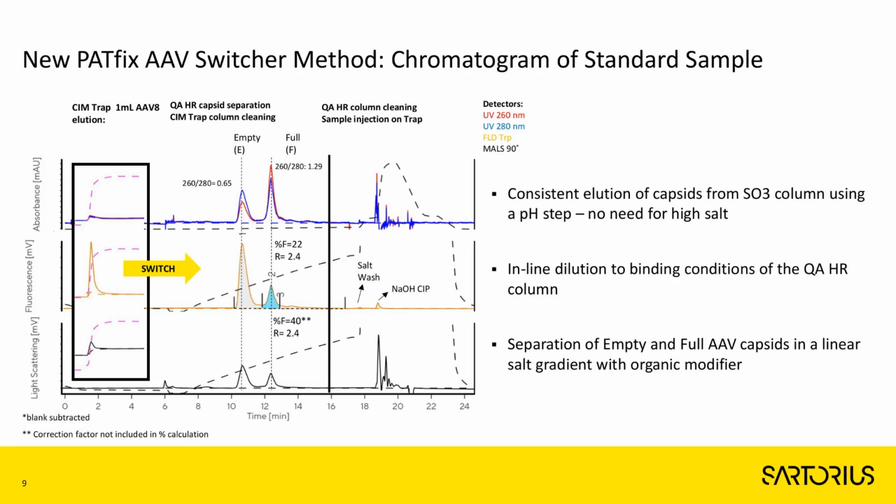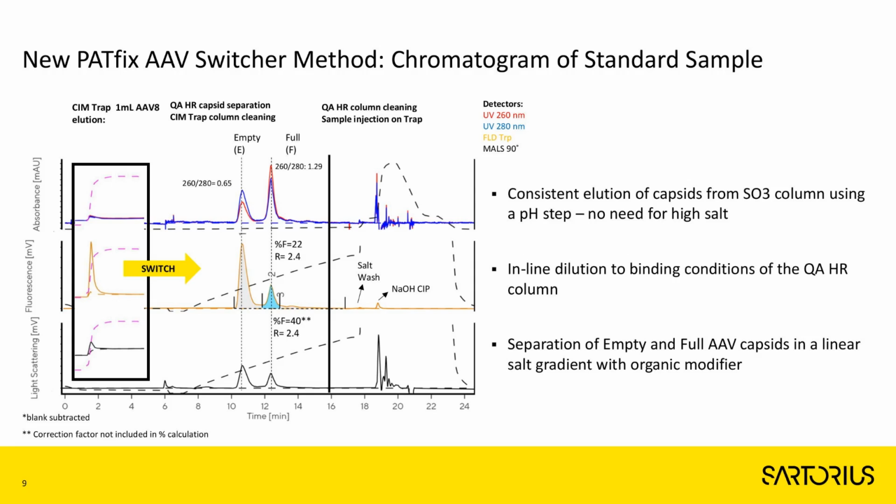If we look a little closer at what's happening with the chromatograms as the samples are being processed on the first and the second column, I would like to draw your attention to the box on the left, where you can see that on the first column, we capture the capsids and then elute them with a very rapid change in pH.